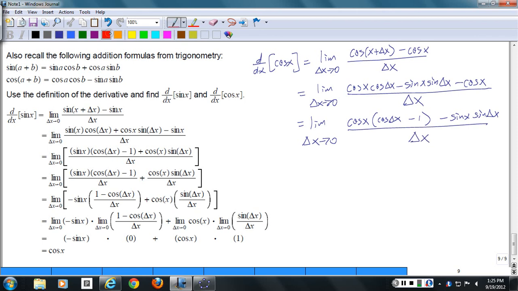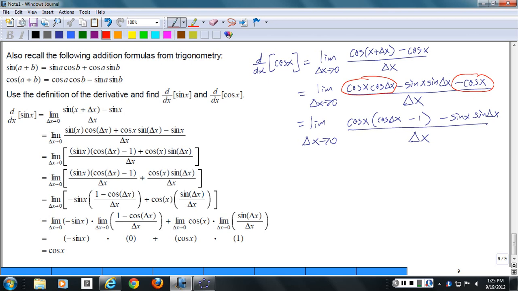And you see what's going on there. Basically, I take this expression and this expression and factor out a cosine x. When we factor out a cosine x, we get cosine x, cosine delta x minus 1 on the inside.